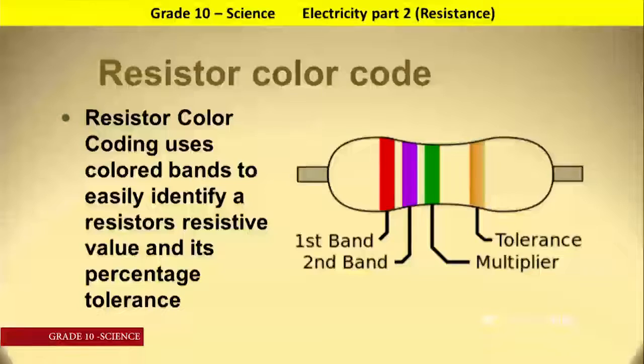There are 3 bands together with different colors, and one band is a little separated. The first 3 color bands are named the first band, the second band and the multiplier. The third band is also called the multiplier, and the fourth one, which is separated, is called the tolerance.